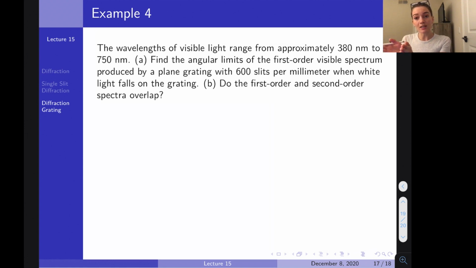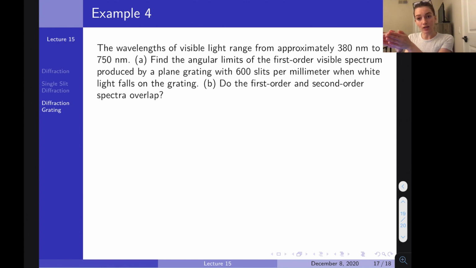So you'll see it separated out into a rainbow when you see those other bright bands. So all they're saying here is that in that m equal to 1 bright spot, your first bright spot past the maximum, basically where is the violet and where is the red light?